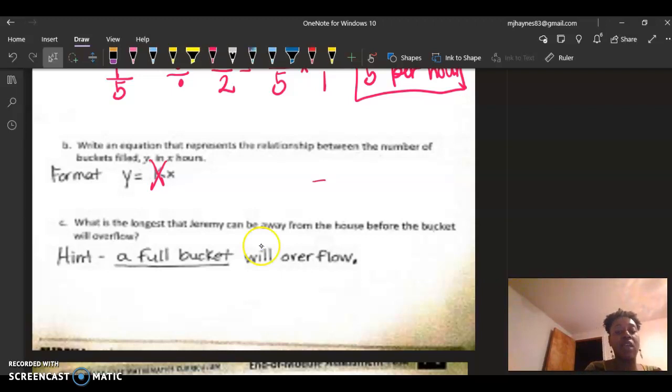They're the same thing. So this is going to be y equals 2/5 x. Since x represents hours, for whatever amount of hours I put in for x, if I multiply it by 2/5, I get how much that bucket will be full. Okay? So take a moment, read letter C.